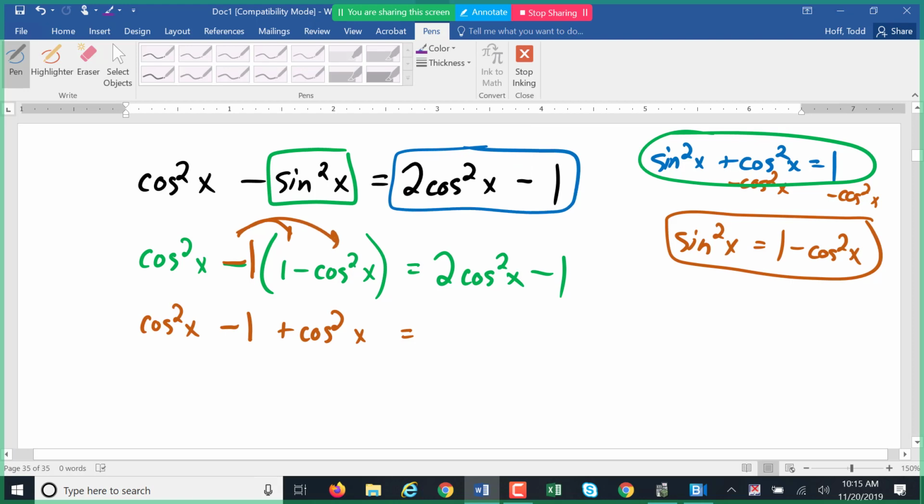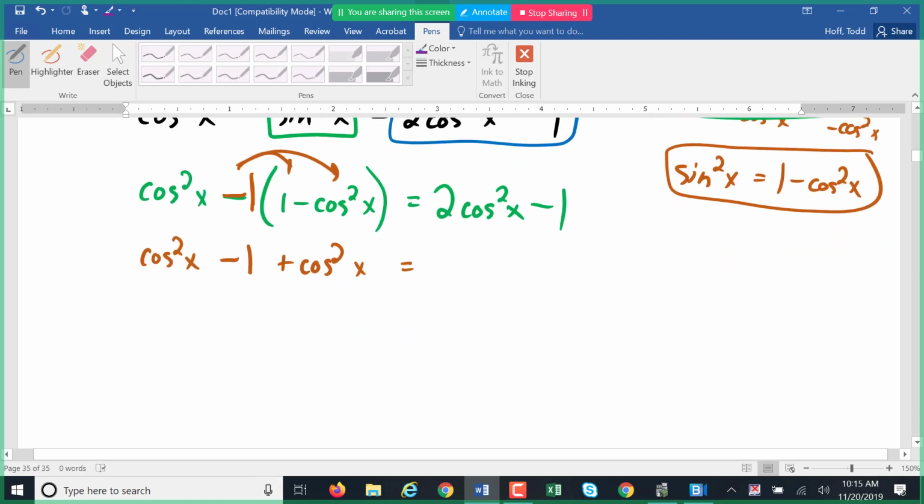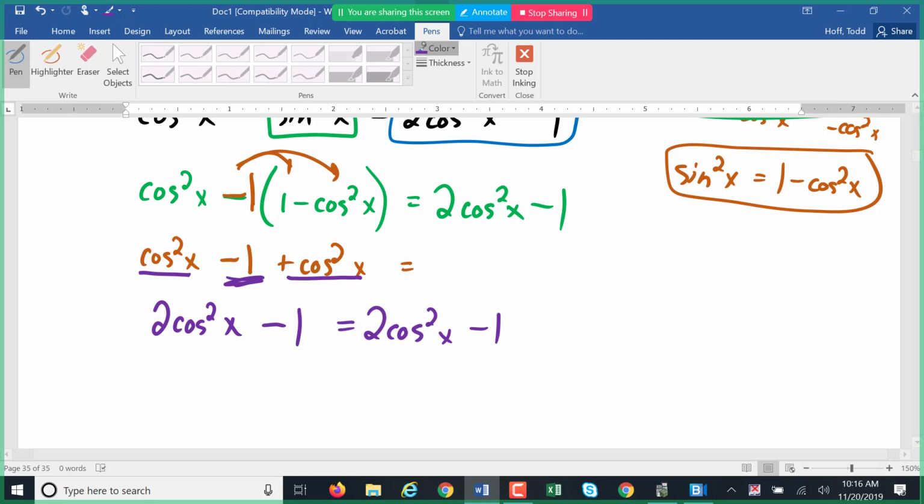Here I have cosine squared of x and cosine squared of x, both positive. That's 2 cosine squareds of x, minus the 1 yet. And now I have exactly the same expression on both sides.